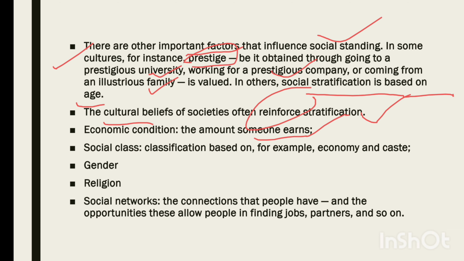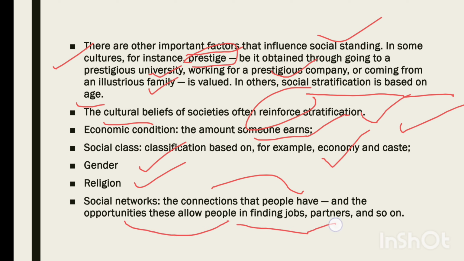Social classification can be based on, for example, economic stratification, caste-based stratification, gender-based stratification and religious-based stratification. Social networks, the connections that people have and the opportunities these allow in finding jobs, partners and so on, also shape social stratification.